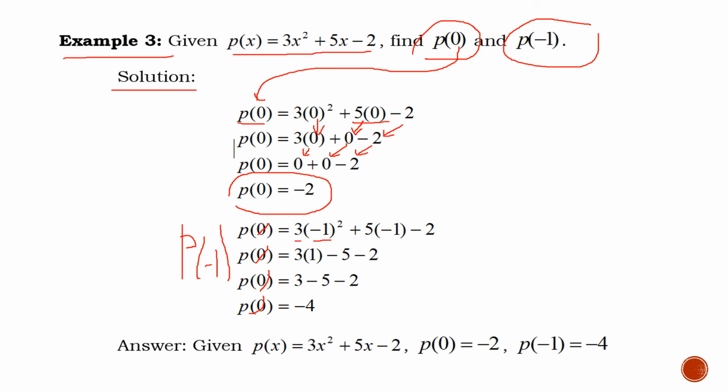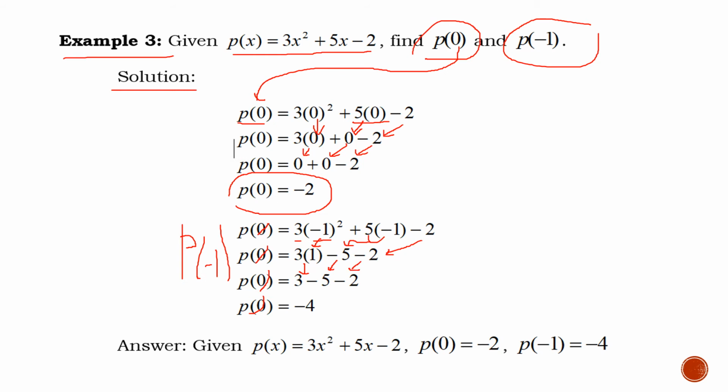So we replace the x variable using negative 1. So negative 1 squared is positive 1. Then 5 multiplied by negative 1 is equal to negative 5. We copy the negative 2 as a constant. So 3 multiplied by 1 is positive 3. We copy negative 5 and we copy negative 2 here.